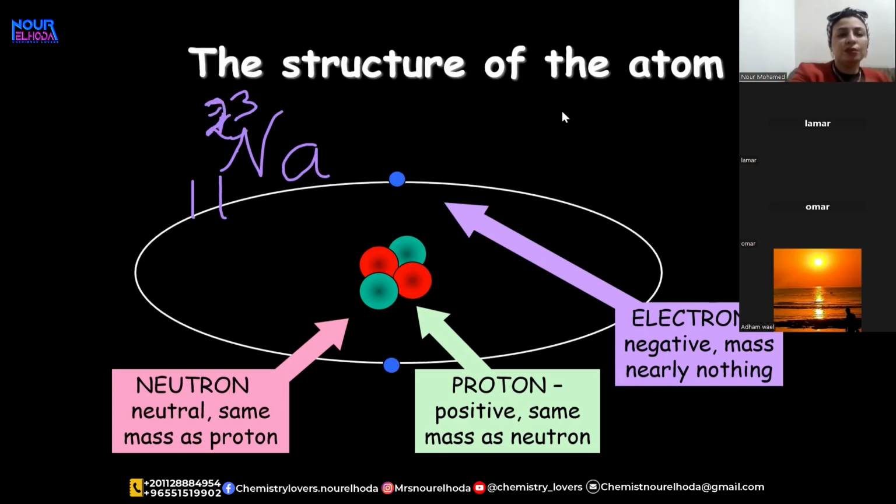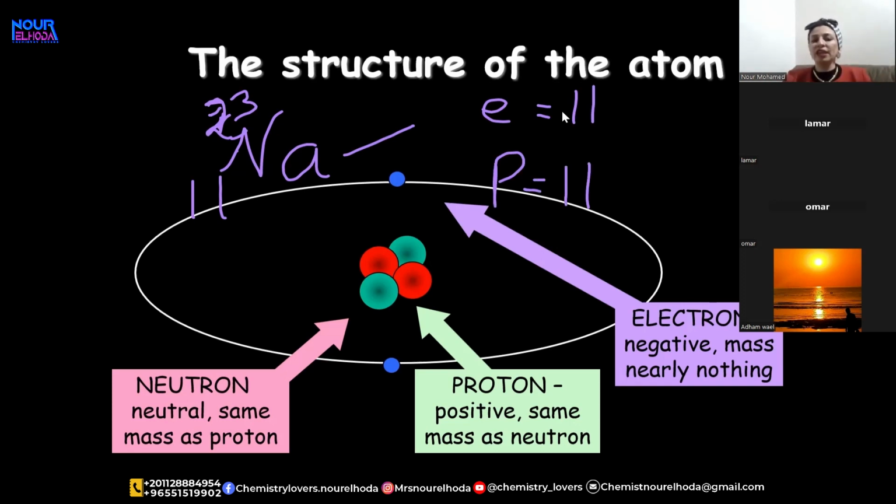This is the big number and this is the small number. For the number of electrons and the number of protons, I'm going to use the small number. I don't care which number is up or which number is down. The small number is equal to the number of electrons, and again, it's equal to the number of protons. So when I ask you how many electrons for the sodium, you're going to say 11 electrons. Then how many protons? There are going to be 11 protons.